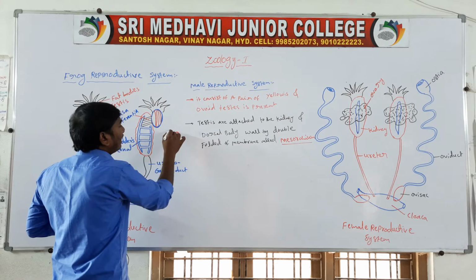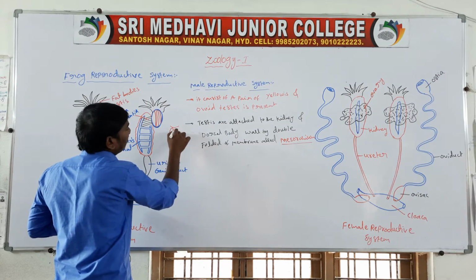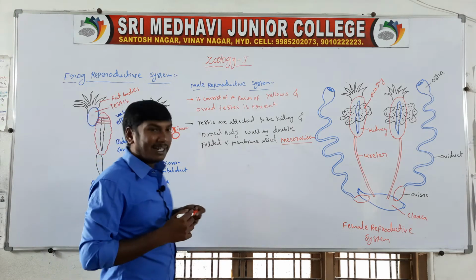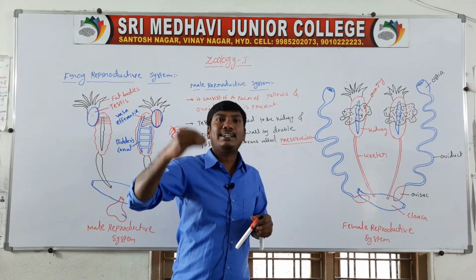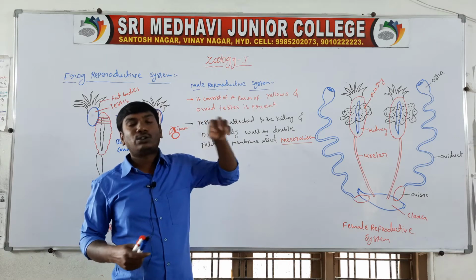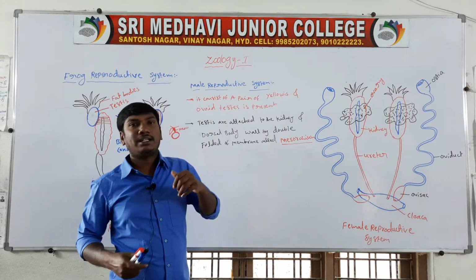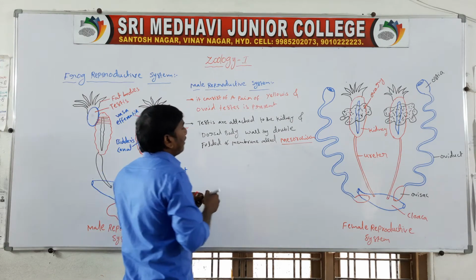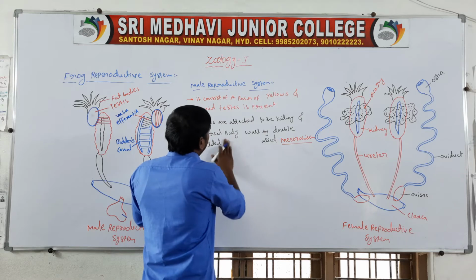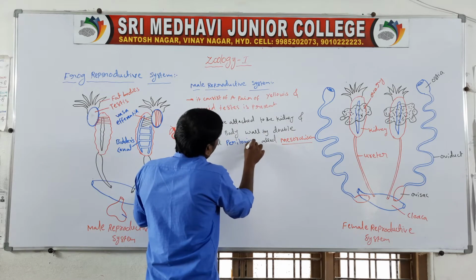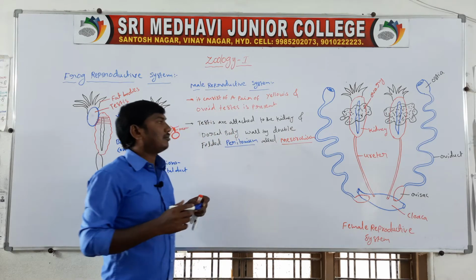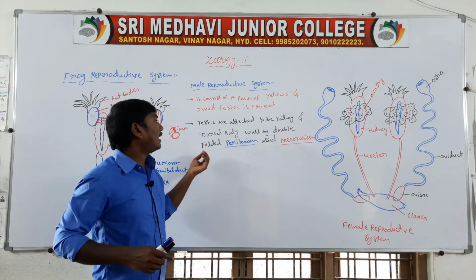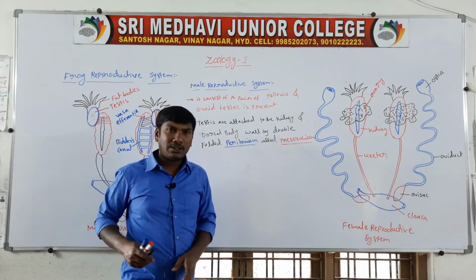The testes are attached to the kidneys and dorsal body wall through a double-folded membrane, a double-folded peritoneum, called the mesorchium.